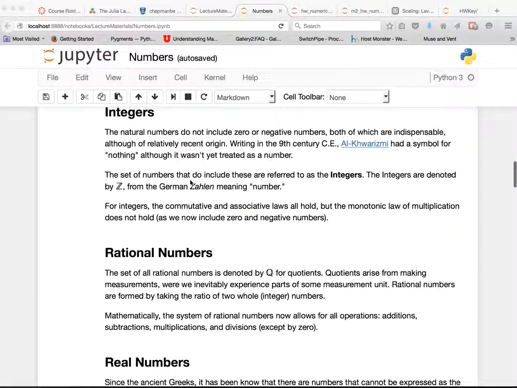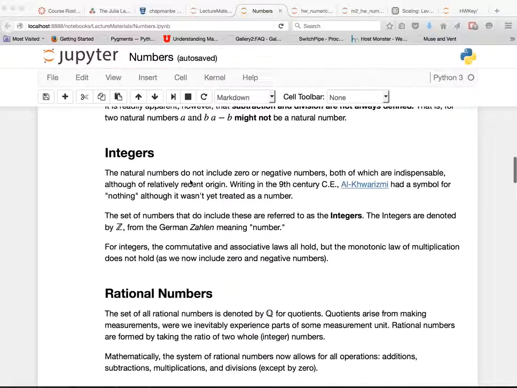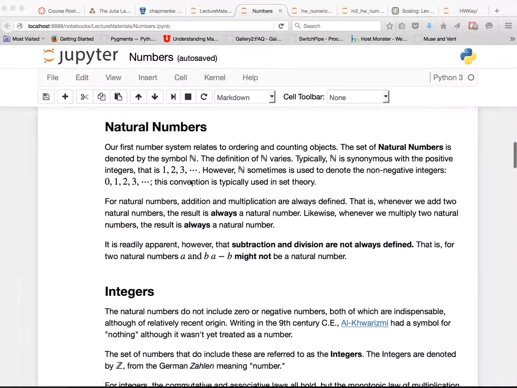Integers are essentially what we have in Python when we are working with an int type, which has negative and positive values as well as 0. When we talk about NumPy, we'll see that we can define arrays that don't include negative values, and in that sense they're closer to the natural numbers.